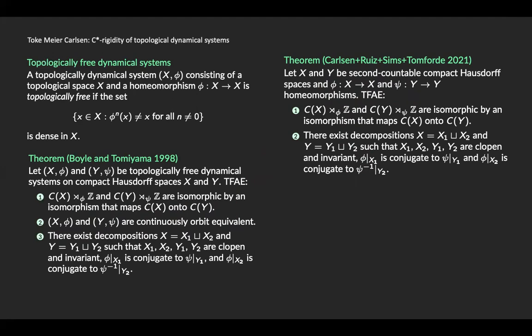And what happens here is, instead, we have a condition that says that the transformation group points are isomorphic. In the topologically free setting, the transformation group points are isomorphic exactly when the systems are continuously orbit equivalent, but that doesn't hold for non-topologically free systems.